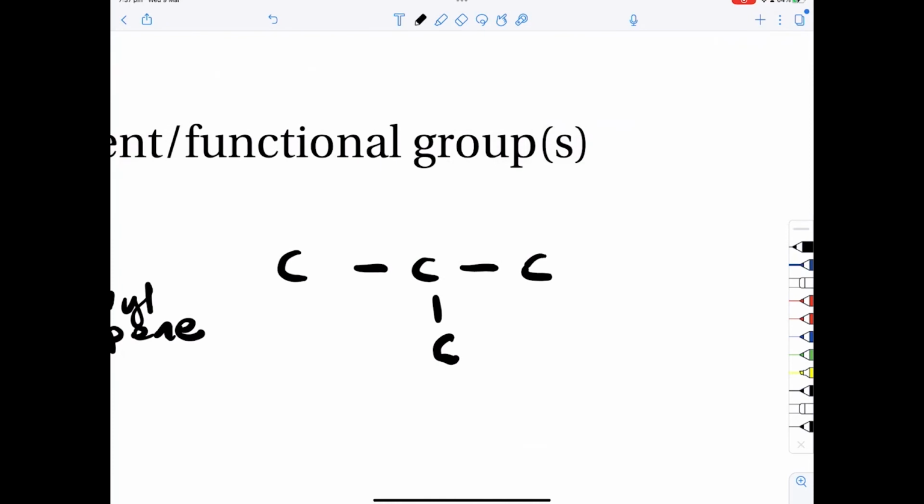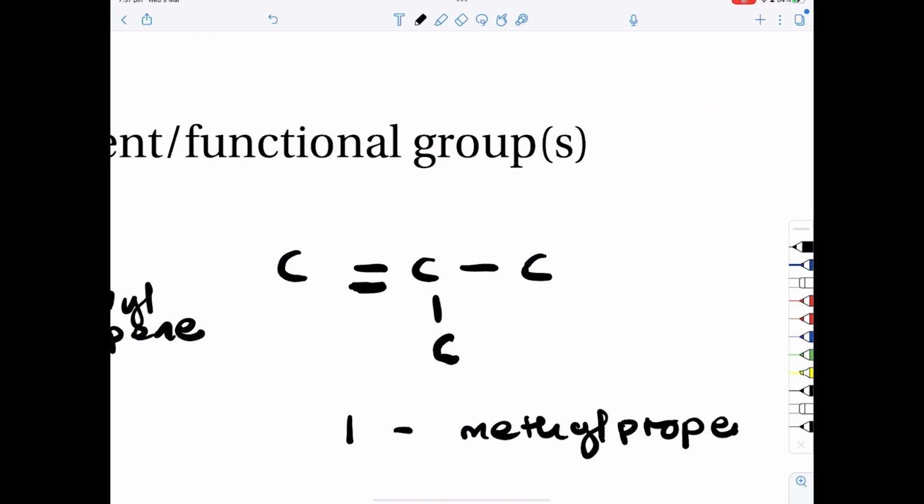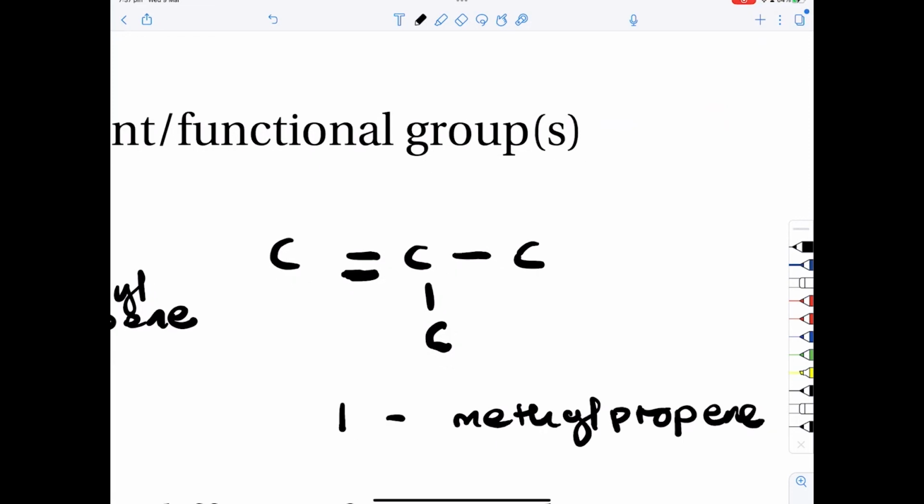So within the methyl propene chain isomer, we can have a double bond here. What would you call that, everyone? If the double bond was there, what would it be called? Quickly. 1-methylpropene. Does everyone agree? This would be carbon 1, this would be carbon 2.